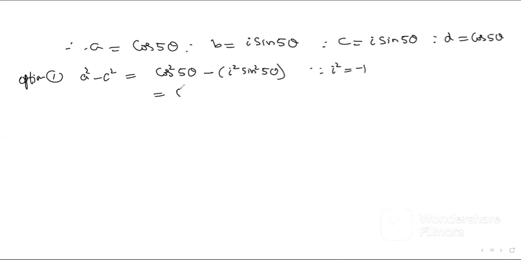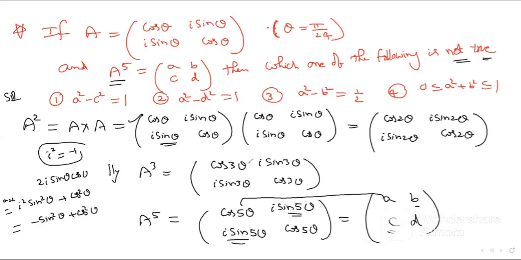So we get cos square 5 theta plus sin square 5 theta, which is 1. So the first option, a square minus c square is equal to 1, is the correct statement. But what is required here? Which option is not true? So the first option is correct.